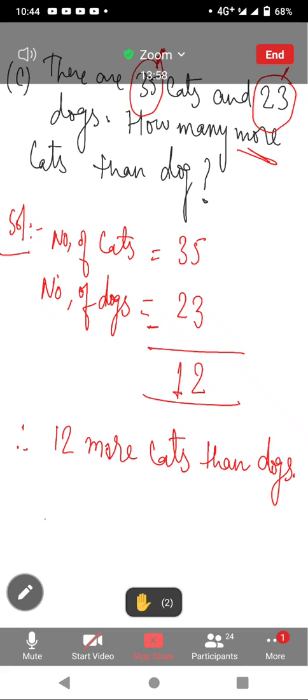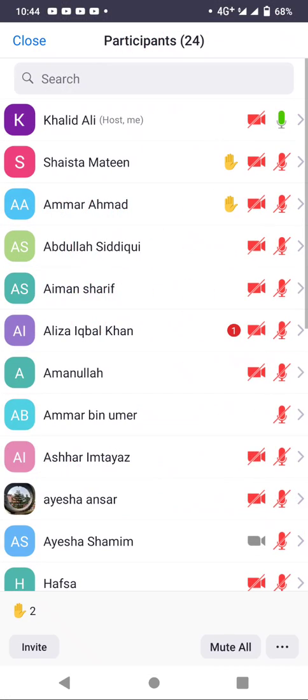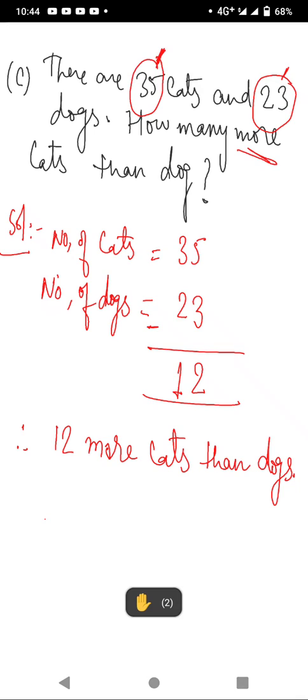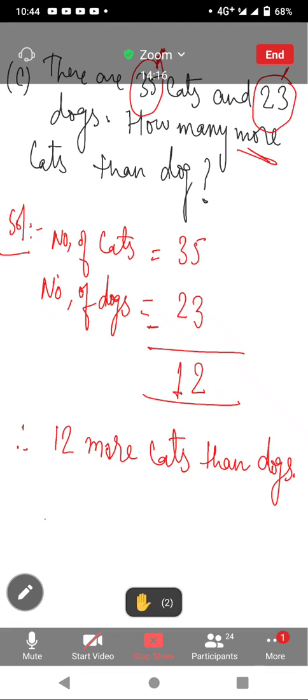So we are going to start exercise 3.5. Huma.